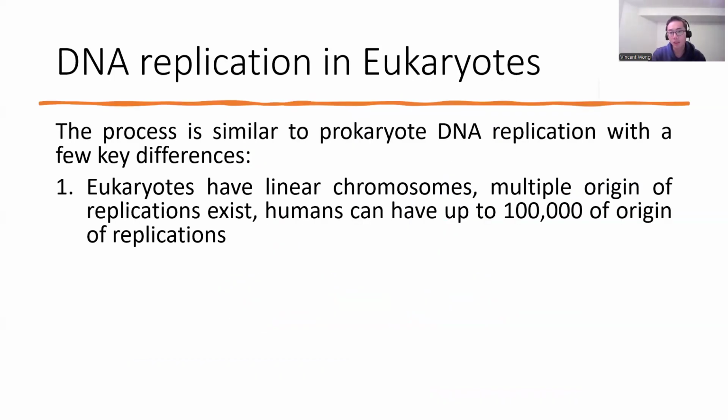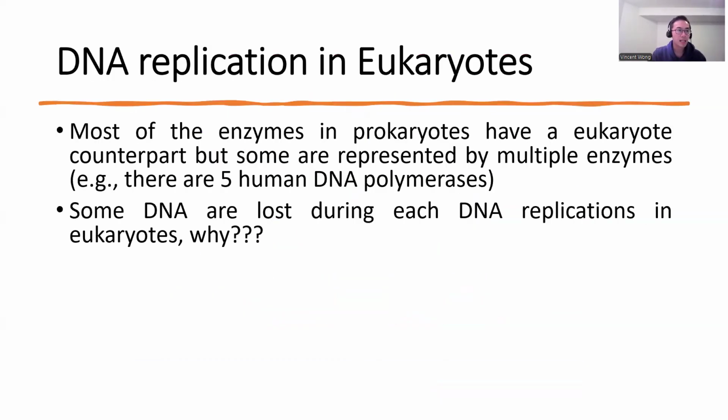Prokaryotes have only one origin of replication, and it's fine because their DNA is not a lot. But for us, we have multiple origins of replication. The second difference between prokaryotic and eukaryotic DNA replication is that most of the enzymes that we've learned, the helicase, the gyrase, the polymerase, have a eukaryote counterpart. And you're going to basically find the same enzyme in eukaryotes.